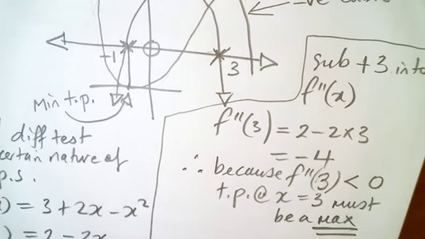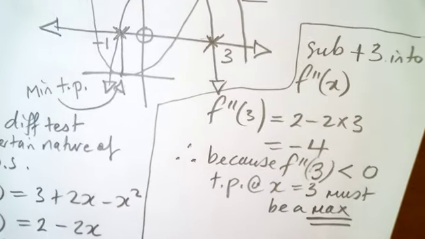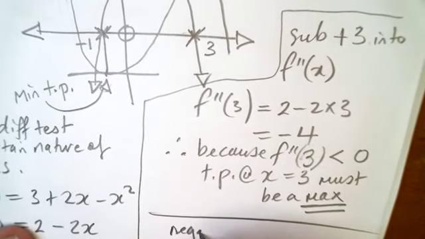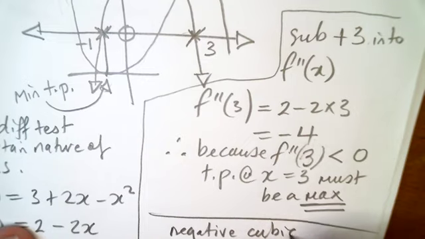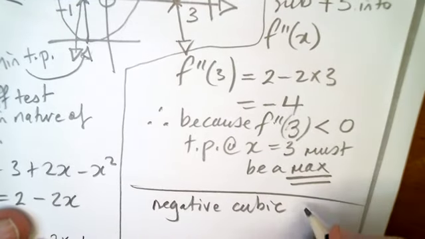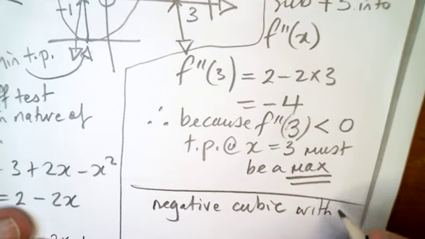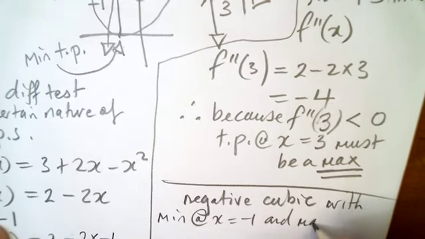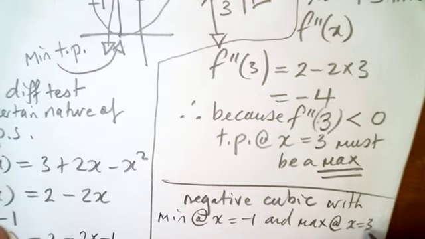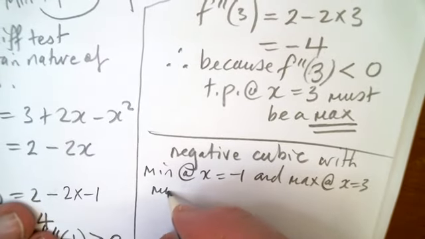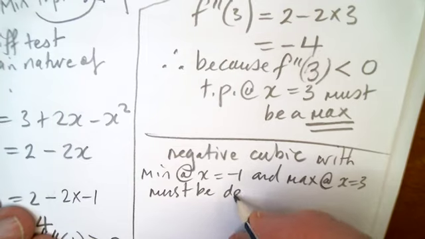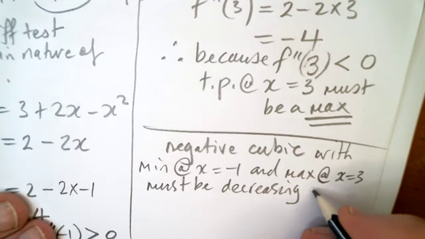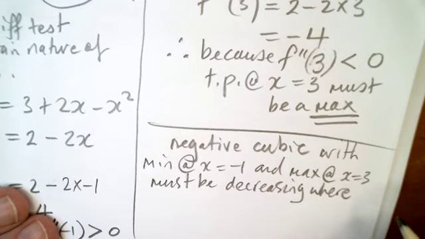Now, we want to be able to say, okay, negative cubic with min at x equals negative 1 and max at x equals 3 must be decreasing where, or you could say such that.